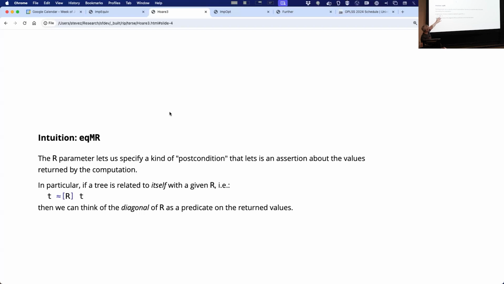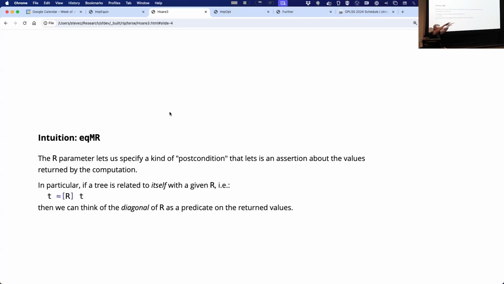Well, if we consider that case here, that's going to force R to be a homogeneous predicate, so it'll be A to Prop. We're going to have to look at the same type on both sides, because we're trying to compare the same tree to itself. But if you think about what this is, it's a predicate on the leaves of the tree. And if we think of which values would be related to themselves in this predicate, that's a bit like a postcondition.